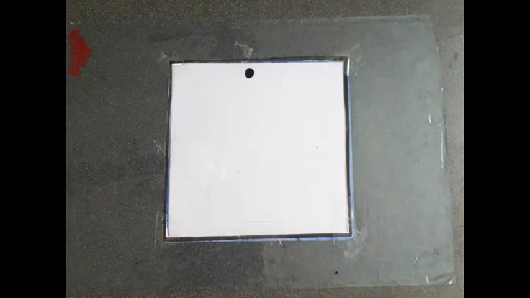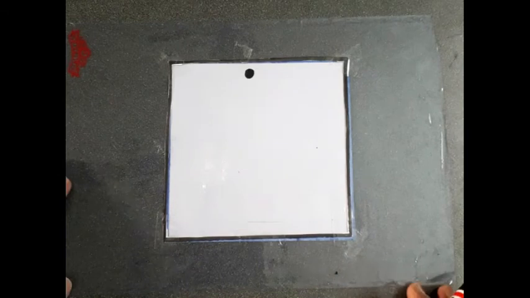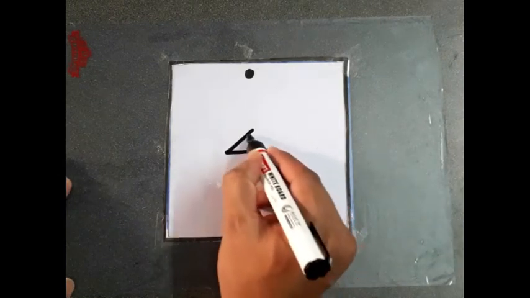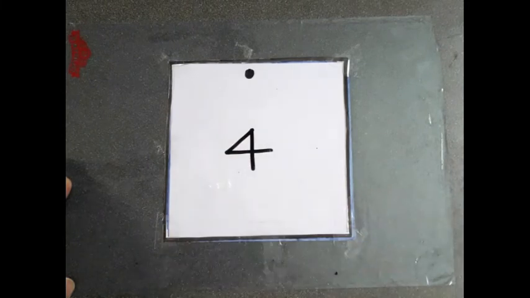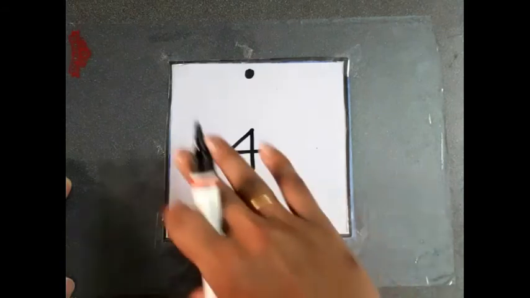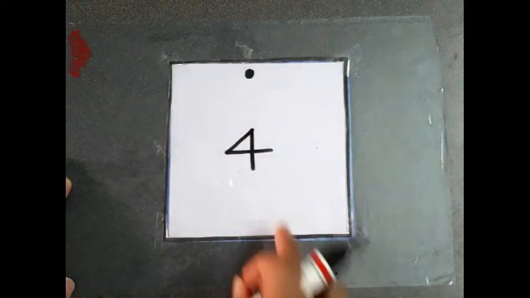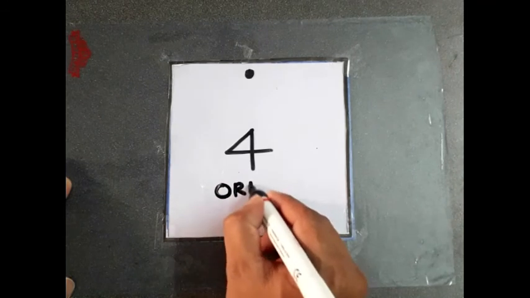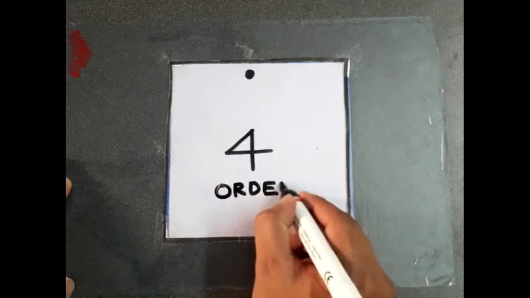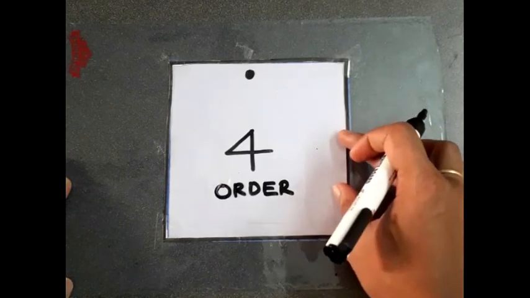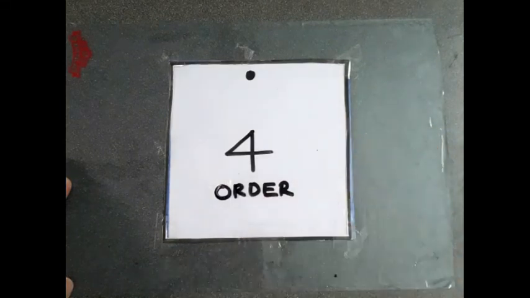Hence we can say that the order of rotational symmetry for square is 4. That means how many times the figure matches itself when we rotate on its axis gives us the order. So the order of rotational symmetry for square is 4.